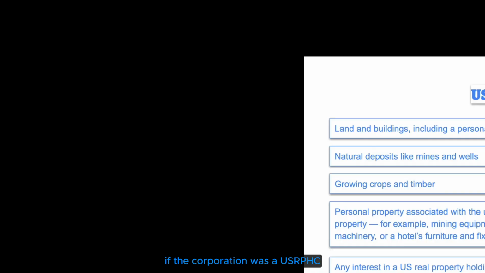If the corporation was a U.S. RPHC at any time during the 5 years before the sale, a corporation is generally a U.S. real property holding corporation if half or more of its fair market value of its worldwide assets consist of U.S. real property interest.